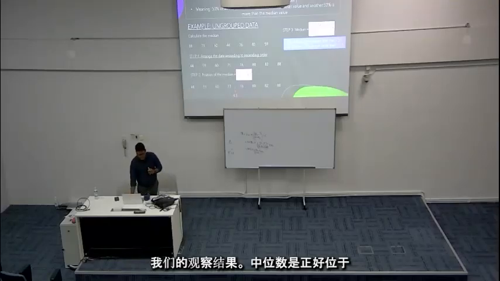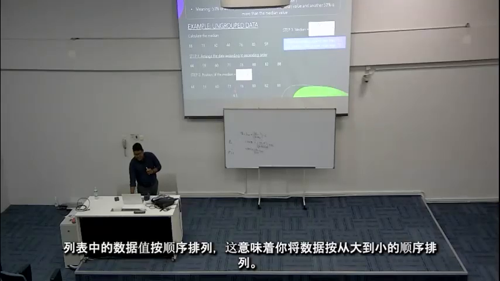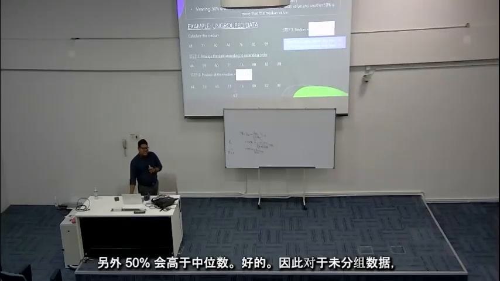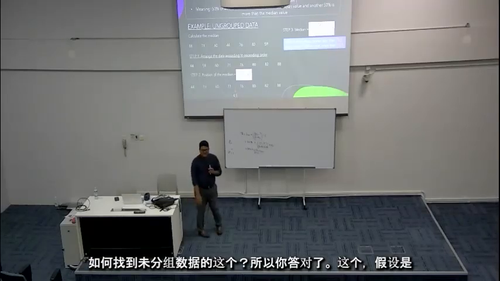The median is a value that is exactly in the middle position of the list when the data values are ranked, which means that you sort the data into increasing order. Meaning that 50% of all observations are less than the median value and another 50% are more than the median value. Okay, so for ungrouped data, how to find this one?